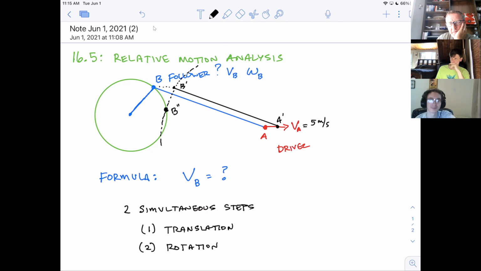That's what happens. But it gets there in two steps, and they happen so quickly you sort of don't even notice it. It's almost like it goes an inch to the right, rotates down, an inch to the right, rotates down. But the cool thing is if we break it into those two steps, even if we say they're simultaneous, then we can just add those two together and say, what's B's motion? Well, it has a linear component, then it has a rotational component.